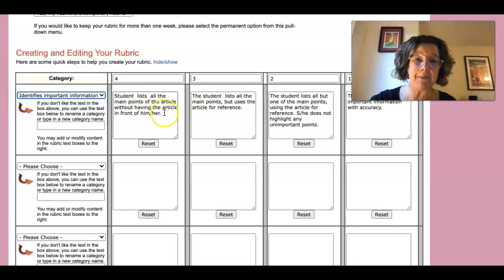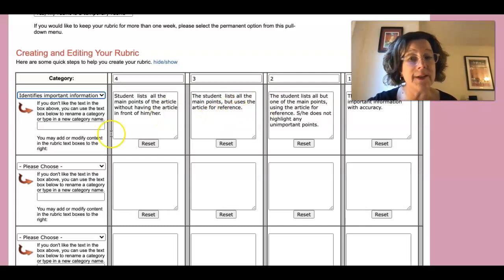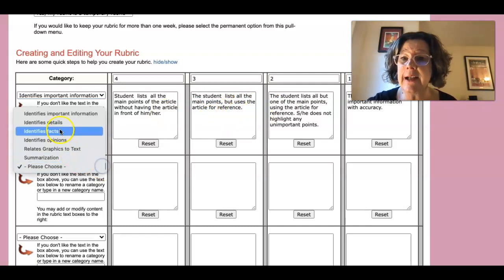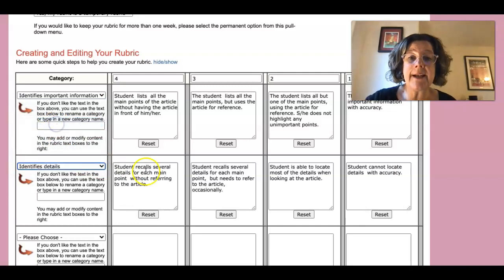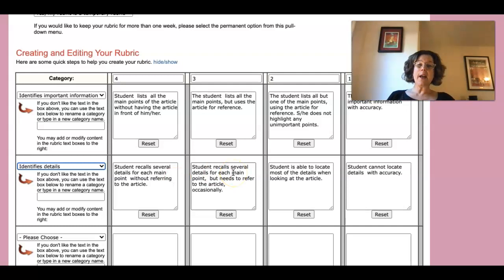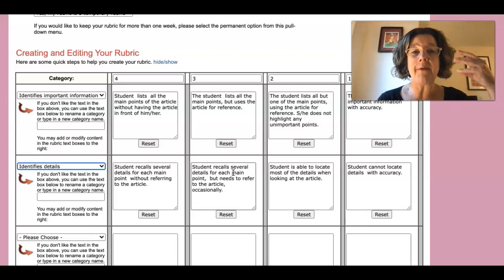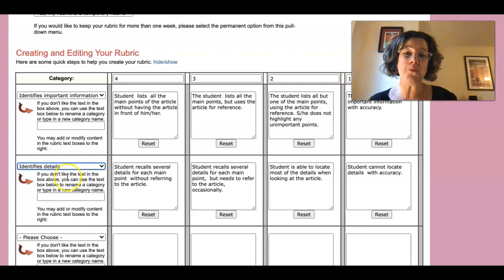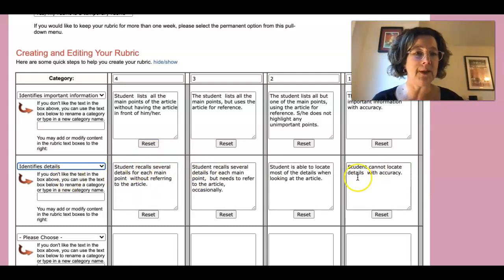For student lists all the main points of the article, having an article in front of them, student lists all the main points, but uses the article for reference, yada, yada. Again, here, if you want to identify detail, recall several details for each main point. Again, I've never used this exactly, but I've come on here to get ideas of how to phrase rubrics and kind of what does a 4 look like and what does a 1 look like for these different ideas.